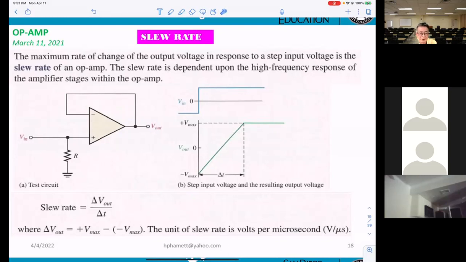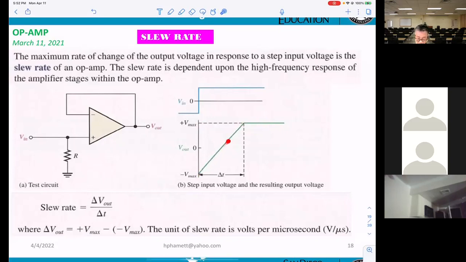Okay? And now, the input here, V in, goes from 0 to a certain voltage. The output is supposed to be the same, only duplicated, but they don't work that way.